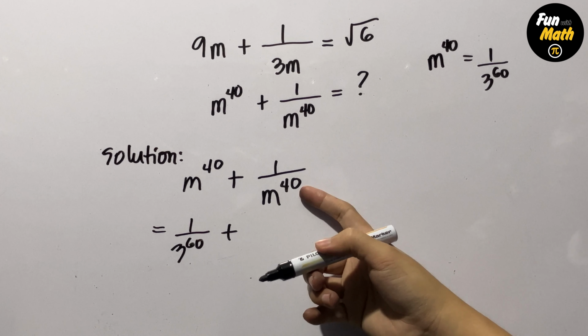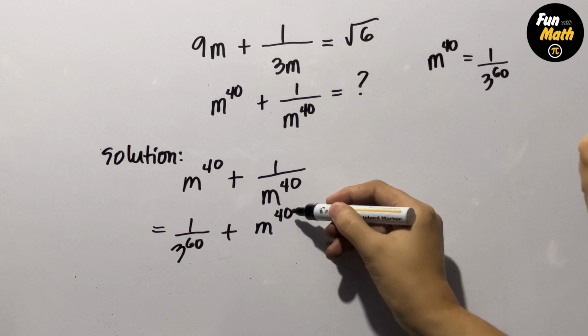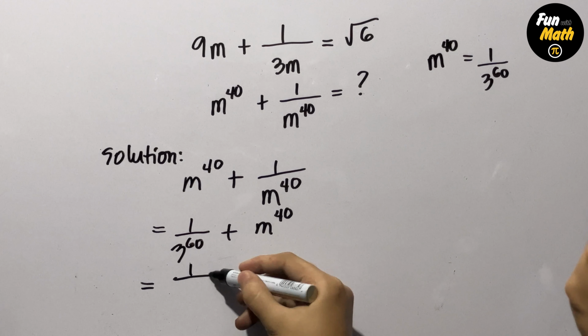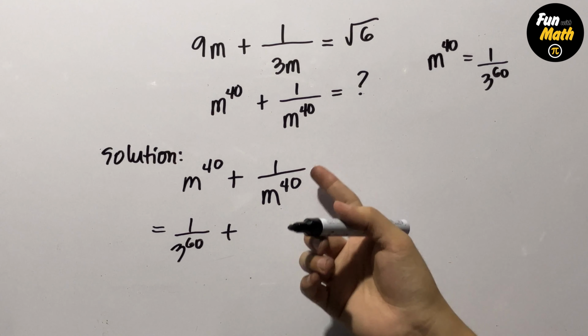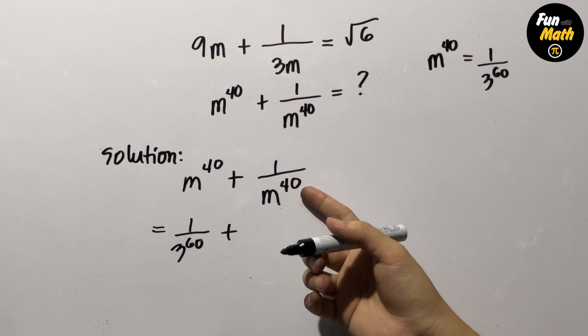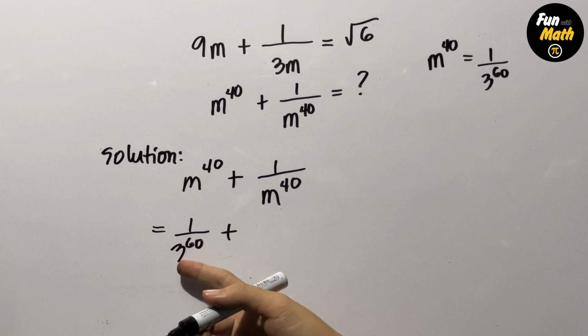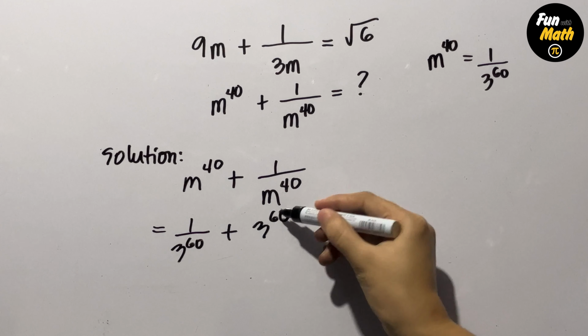Let's take the reciprocal. The reciprocal of 1 over 3 to the power of 60 is 3 to the power of 60.